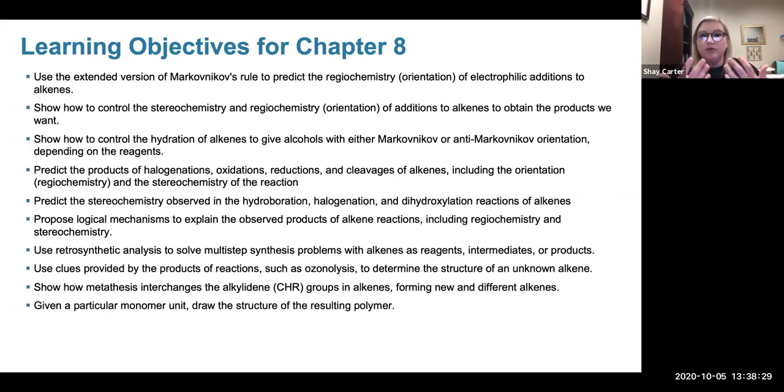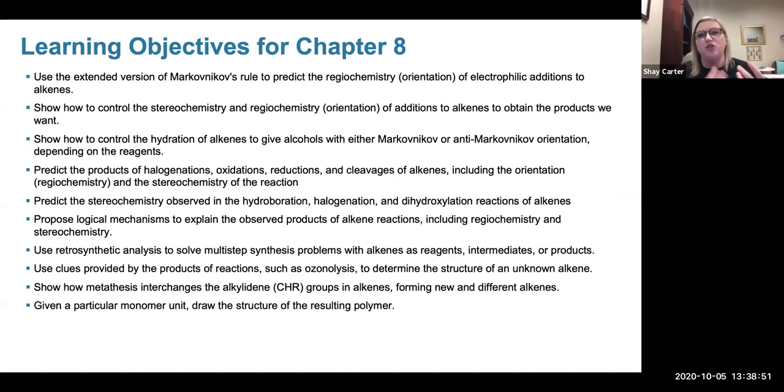Now, we're going to learn these reactions not on a mechanistic level. So we learned SN1 and SN2, E1 and E2 reactions very deeply, and we are going to learn electrophilic addition reactions deeply. And we do have a bunch of different kind of flavors of electrophilic addition reactions.